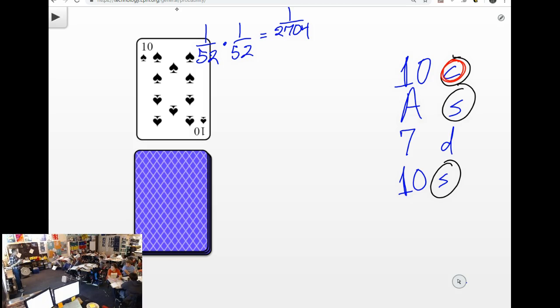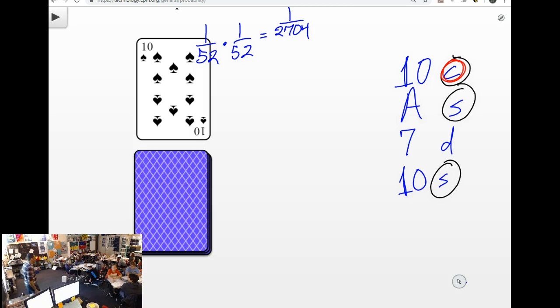When we've got to bring it back, we've got to bring it back. What was the other probability we did? Probability of spades, probability of clubs. What was our probability? 1/4, right?